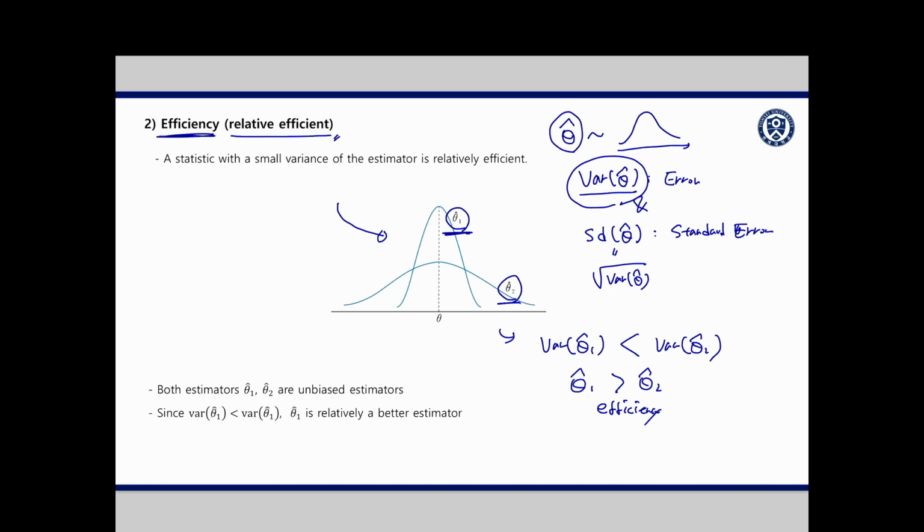So if theta hat 1 and theta hat 2 are both unbiased estimators, then since the variance of theta hat 1 is less than the variance of theta hat 2, theta 1 is a better estimator than theta 2.